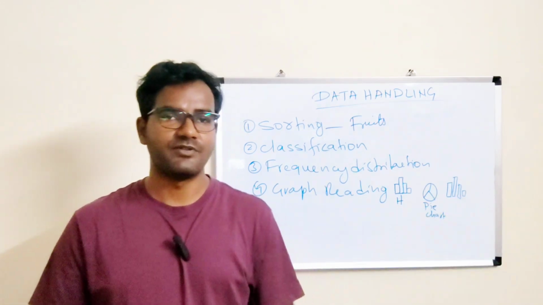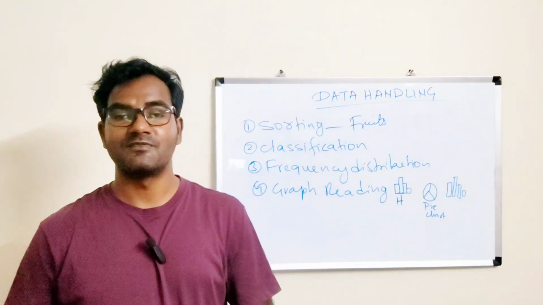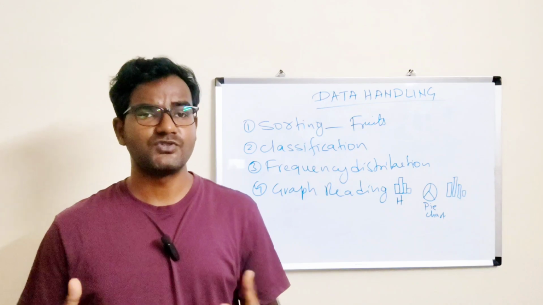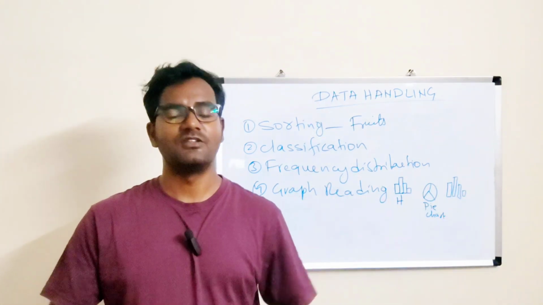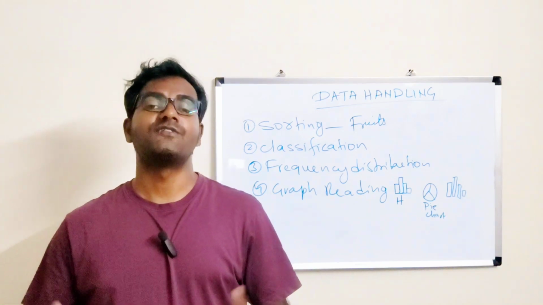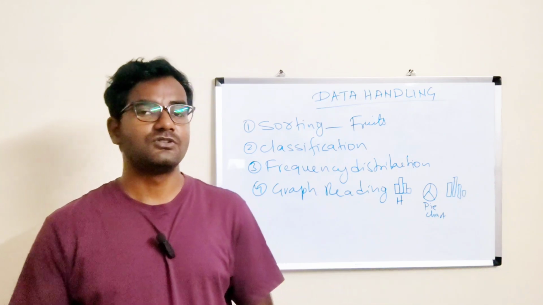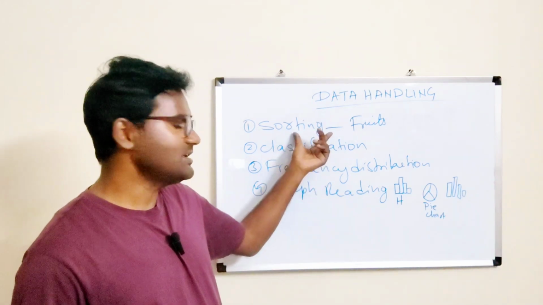Lemon I will keep separate, then orange I will keep separate, then guava, apple. All the fruits which are too sour to taste I will keep on one side, and the normal fruits I'll keep on the other side. That is called sorting out, or differentiating the two or three or whatever it is. So that is what we mean by sorting.